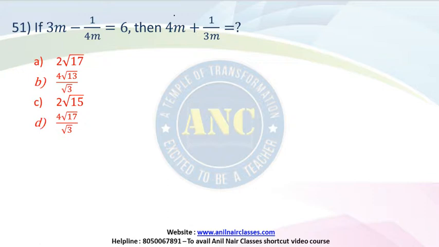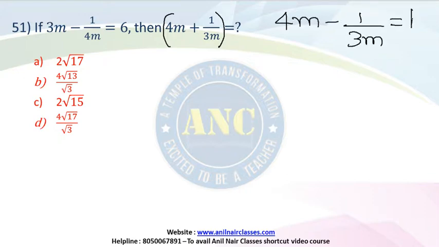They are asking 4m plus 1 by 3m. That means if I know the value of 4m minus 1 by 3m as some constant k, then finding 4m plus 1 by 3m is never a difficult task.